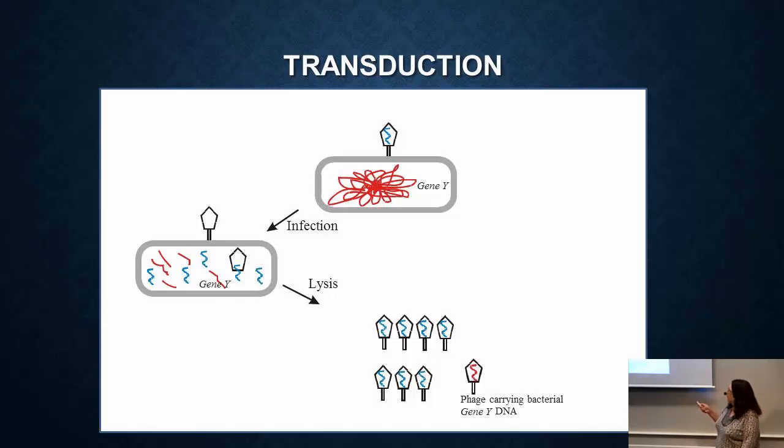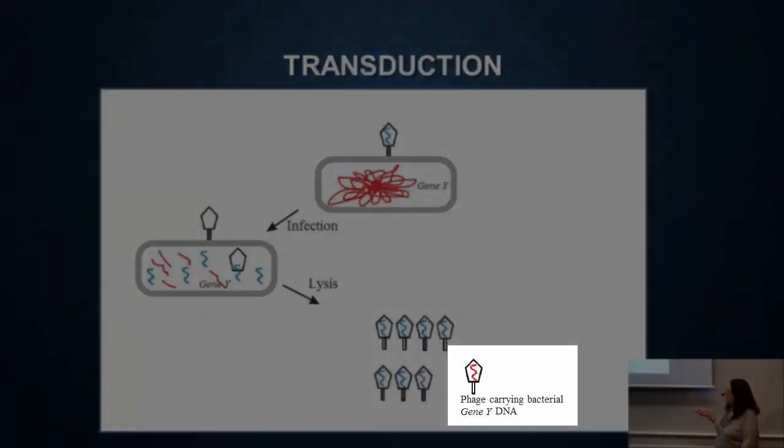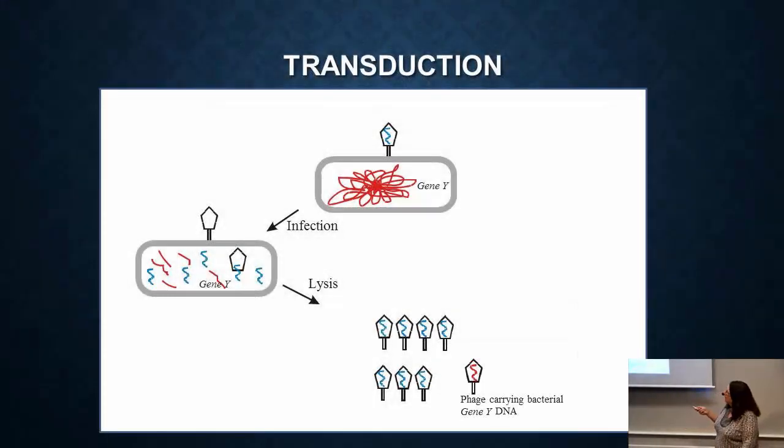Occasionally, it will, by mistake, instead of putting its own DNA, which I've drawn blue here, in the new phage, it will accidentally package up some of the chromosomal bacterial DNA. And that's because it chopped it into little pieces that could look around the same size as a phage DNA. And so by mistake, it puts bacterial DNA instead of phage DNA.